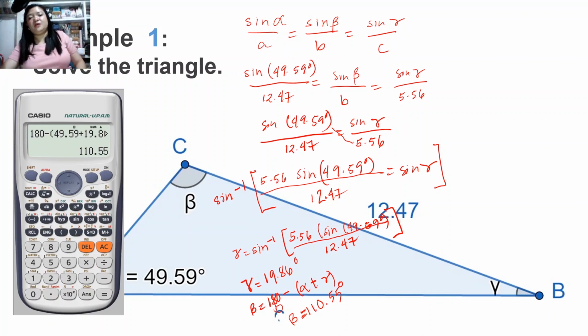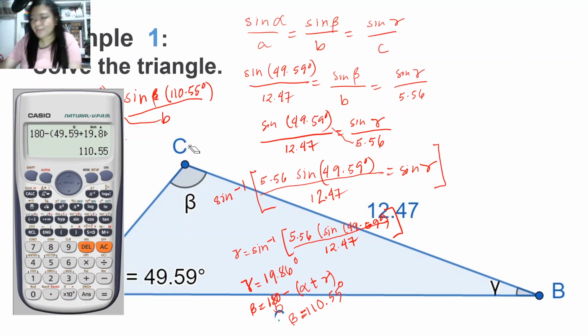Now that we know the value of beta, we can now get the length of side B by substituting to our ratios. So let's just work with sine 49.59 degrees divided by 12.47 equal to sine beta, which is 110.55 degrees divided by B. Okay, so to find B, we have A times sine beta over sine alpha.